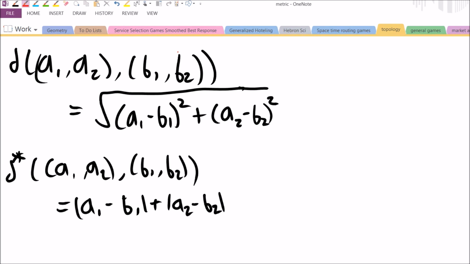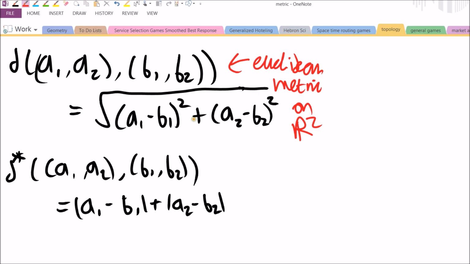Okay, so I've just written a couple of metrics here. This first one is called the Euclidean metric on the plane, studied since antiquity. And this one is the Manhattan metric, or taxicab metric.